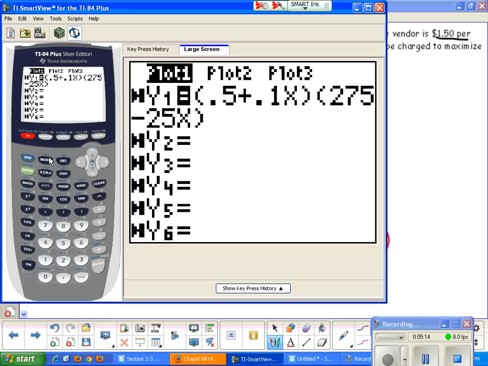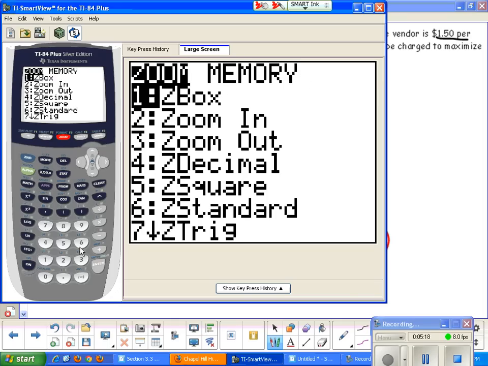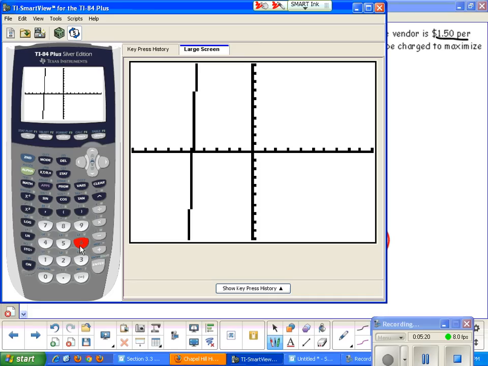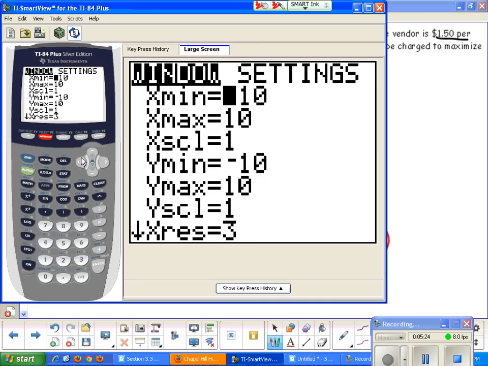If I hit zoom 6, I know it's not going to be a very good window, so I would have to change it. I'm going to change my x maximum maybe to 20 and my y maximum to maybe 300, just to get an idea.